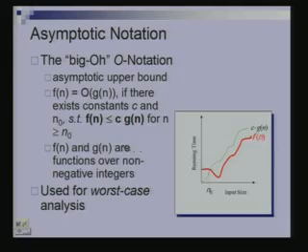Okay, that brings us to something that some of you might have seen before, the big O notation. So if I have functions f of n and g of n, n here is typically representing the input size. f of n is measuring the time that your algorithm is taking.